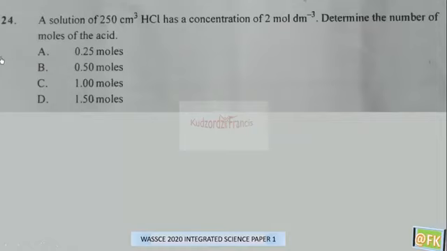Question 24. A solution of 250 cm cubed of HCl has a concentration of 2 mole per decimeter cubed. Determine the number of moles of the acid. We are to determine the number of moles.